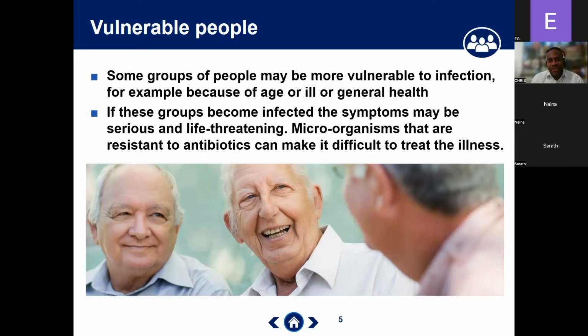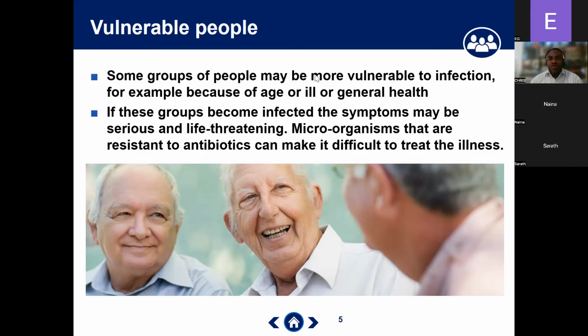Now, in this case, we are talking about vulnerable adults. So a vulnerable adult is someone from the age of 18 who cannot take care of themselves, and they depend on other people for their care, and they cannot defend and protect themselves. And these are the people that we have to work hard to protect when it comes to infection control and infection prevention.